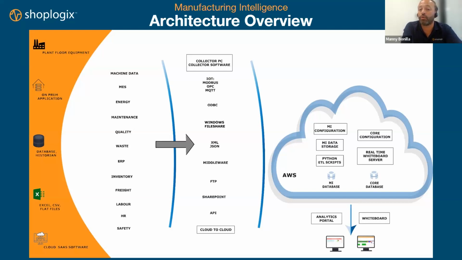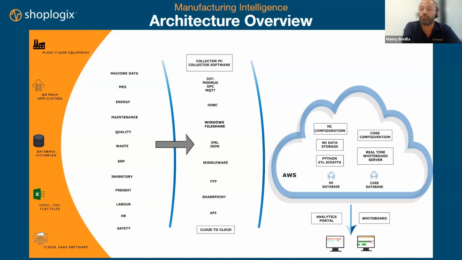We already have our core database, core configuration, and real-time whiteboard server in this platform, and now we've introduced our manufacturing database with the data source. As we collect the data, we store it to help ensure quality and technical support. And with that data, we then have what we call ETL scripts.